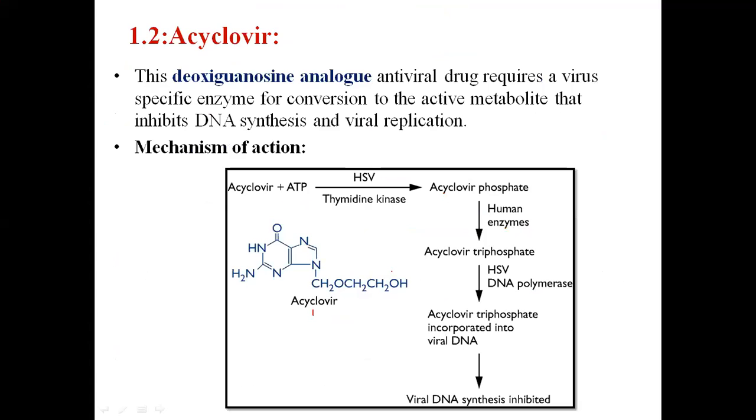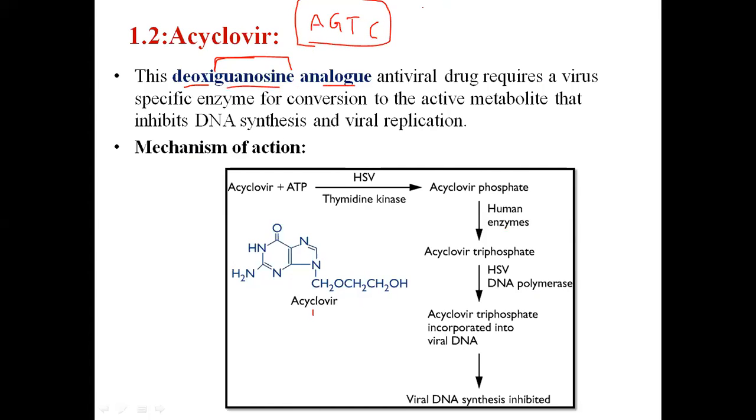Try to understand this acyclovir. See, basically, what about my slides? Are they changing? Yes, sir. Now see, acyclovir. This is basically a deoxyguanosine analog. This is guanosine, which is also a nitrogen base. Adenine, guanine, thymidine, cytosine: these are the nitrogen bases in the nucleotide.